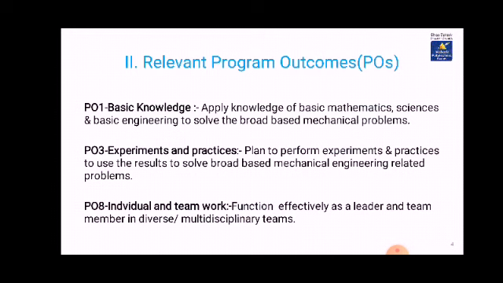Relevant program outcomes, POs. PO1, basic knowledge: apply knowledge of basic mathematics, sciences and basic engineering to solve broad based mechanical problems.